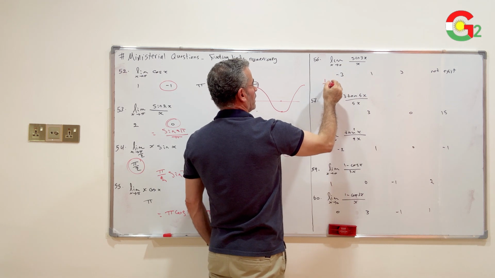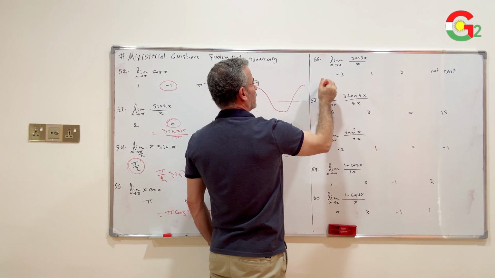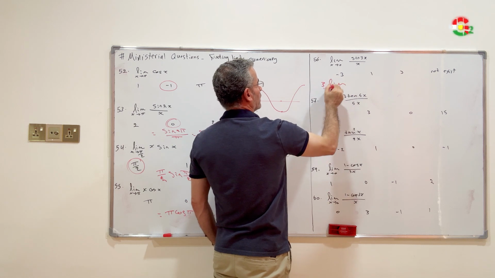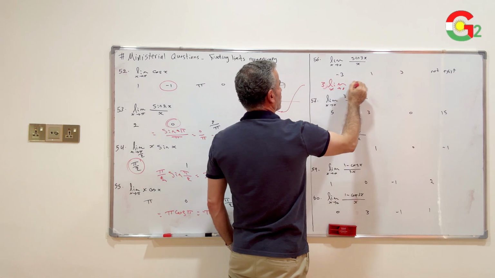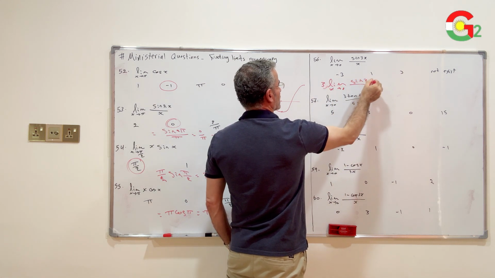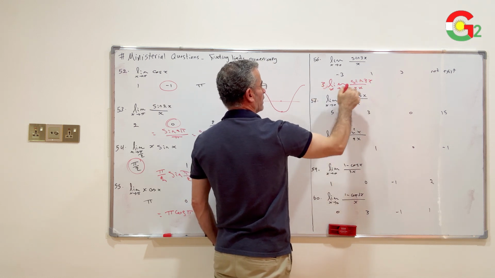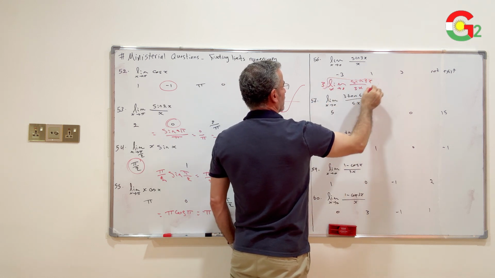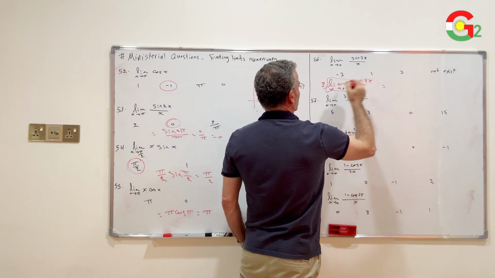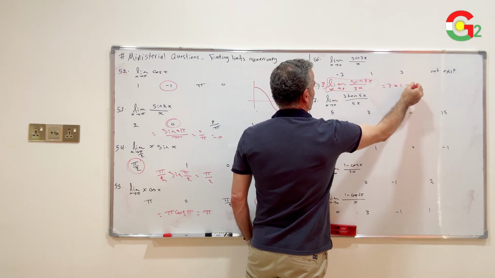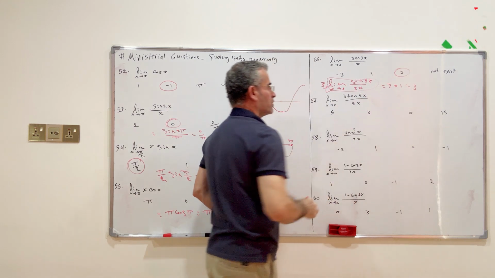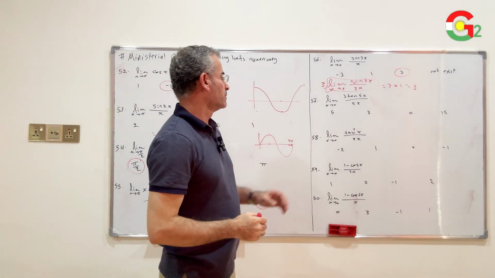So it is 3 times the limit as x approaches 0 of sine 3x over 3x. This limit is 1. 3 times 1 equals 3. The right choice is C.